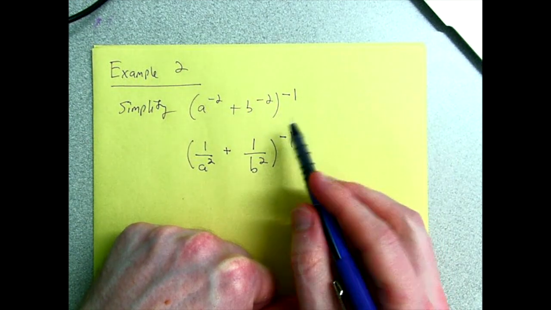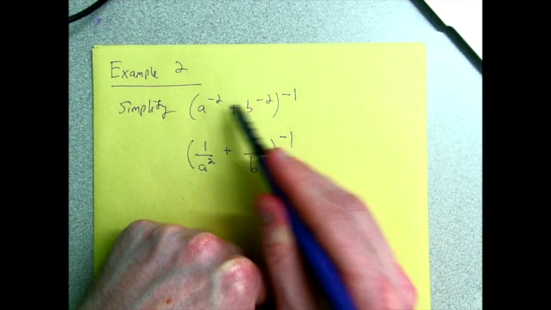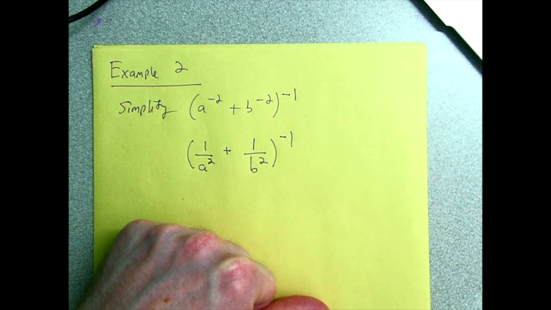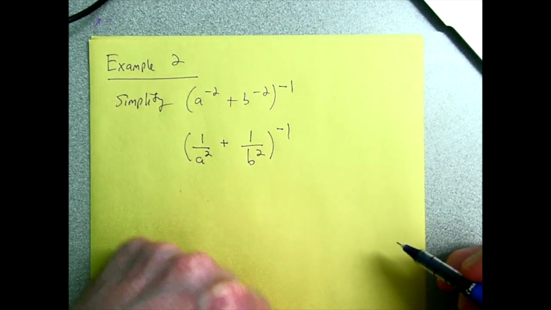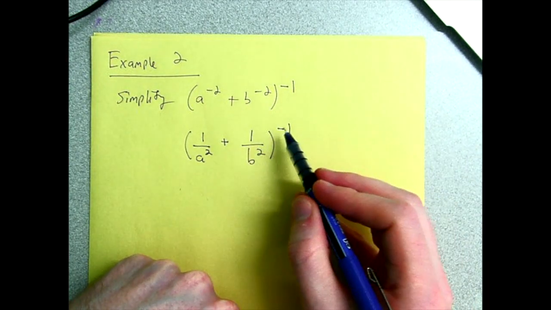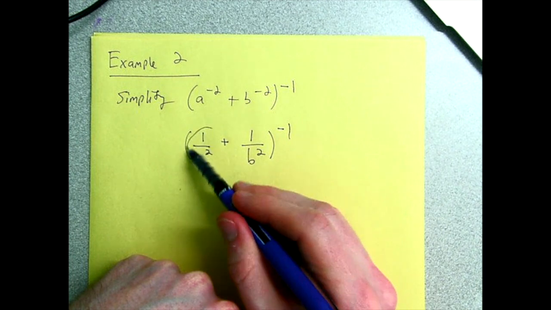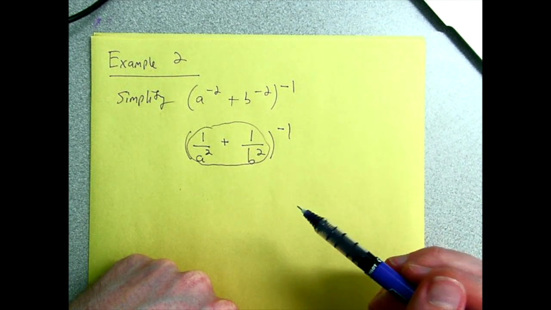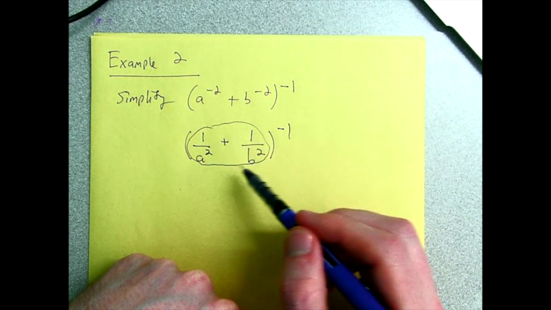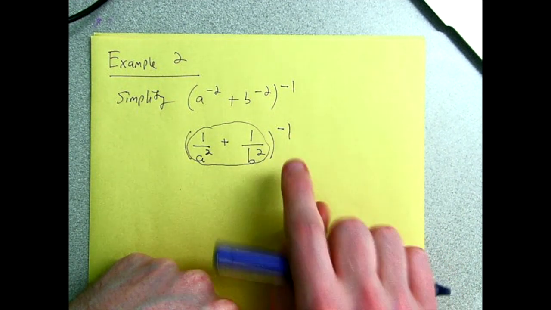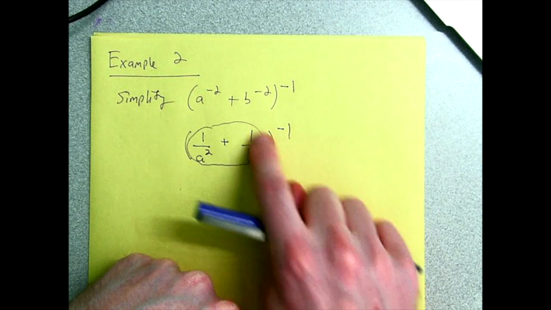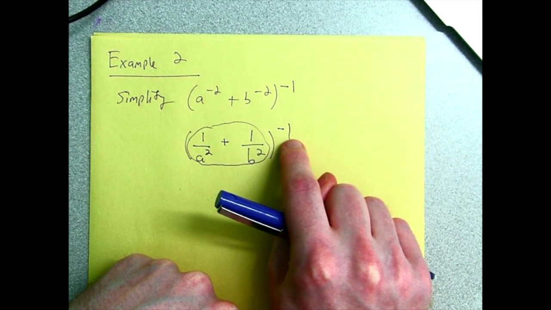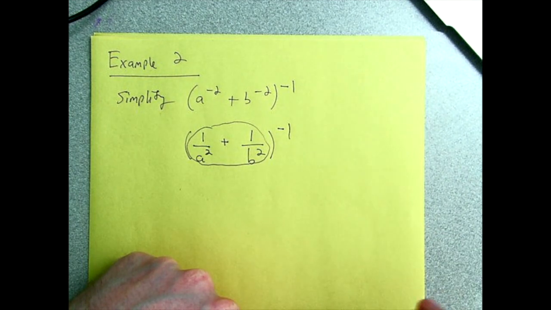Now, okay, we've taken care of the negative exponents here, but how do I take care of this one here? It's a little difficult to wrap your head around, I suppose, but what we have to do is take this entire object and write 1 over that entire object, right? Because that's what this thing tells you to do. Raising any object to the negative first power means take 1 over that object.